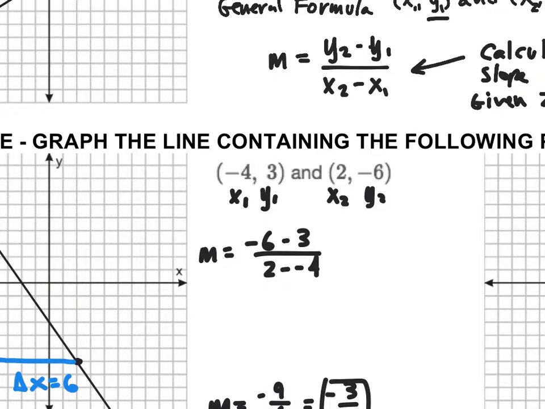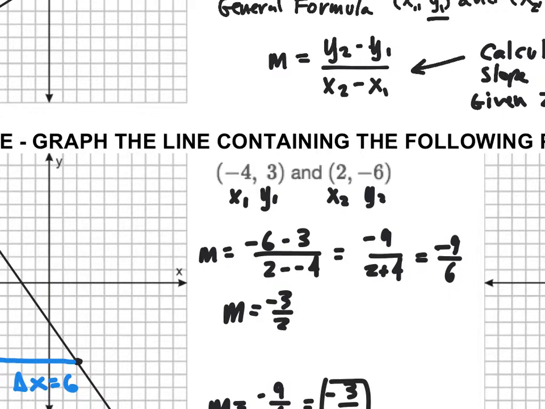Okay, so we always subtract even if we have negatives in there. And that's going to give us negative 9 over 2 plus 4, which is actually 6. So negative 9 over 6, and so our slope is just going to be negative 3 halves.